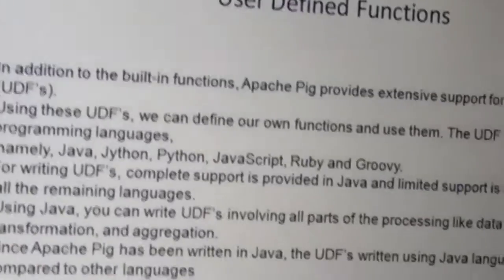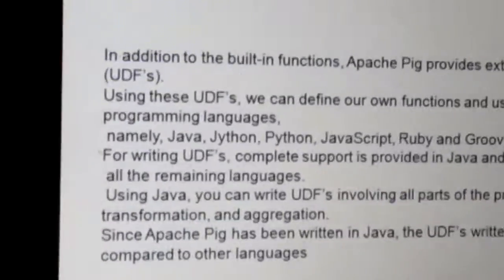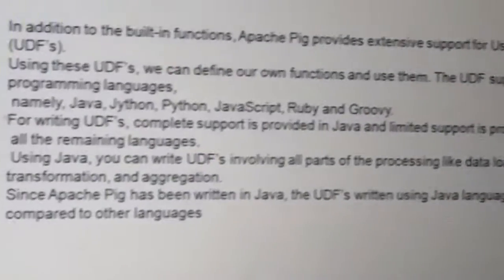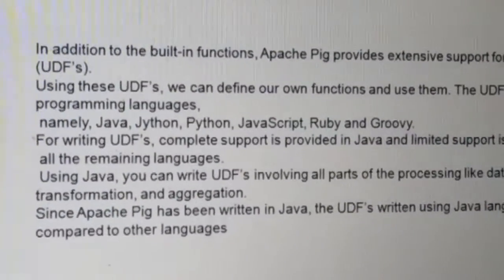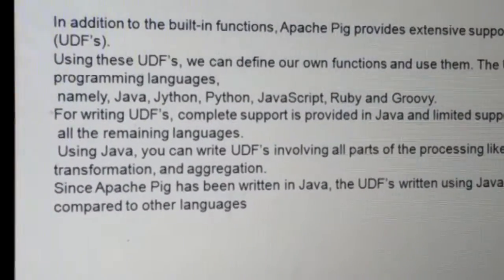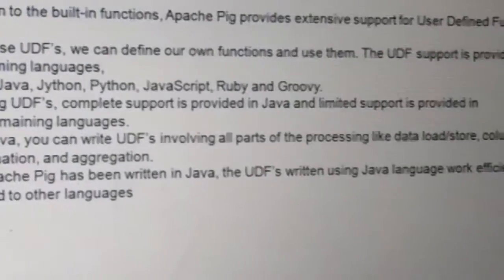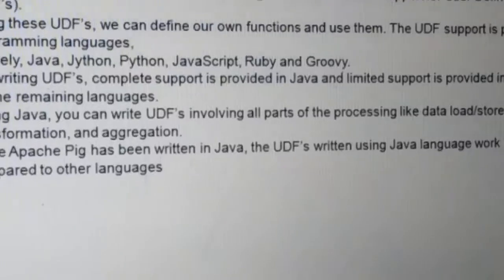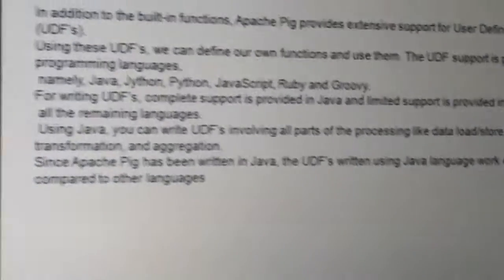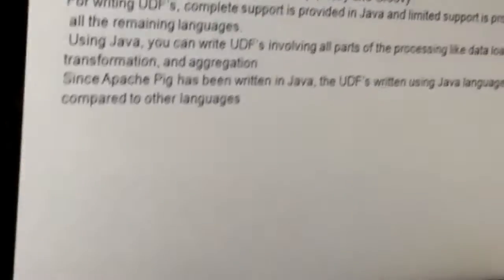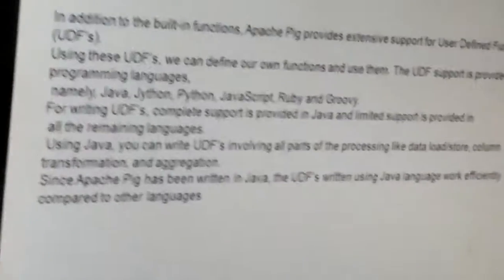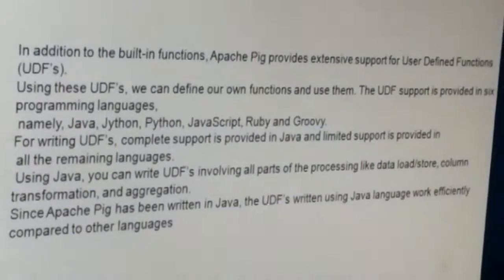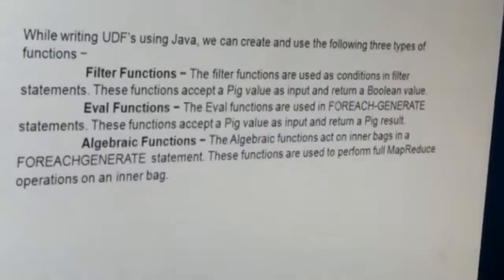For writing user-defined functions, complete support is provided in Java and limited support is provided in all the remaining languages. Using Java, you can write UDFs involving all parts of processing like store, load, column transformation and aggregate functions. Since Apache Pig has been written in Java, UDFs written using Java work efficiently compared to other languages.